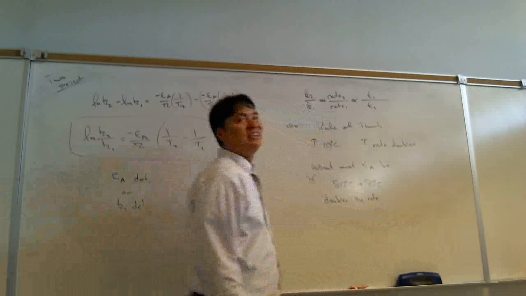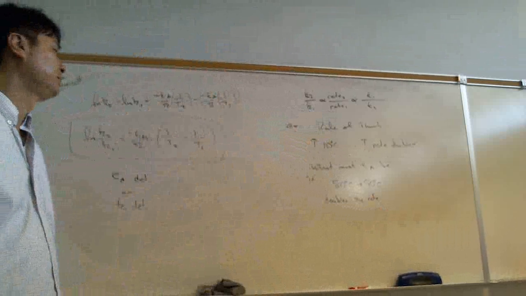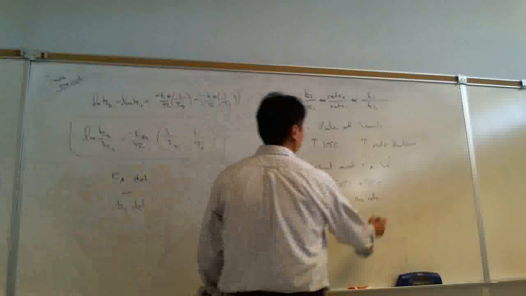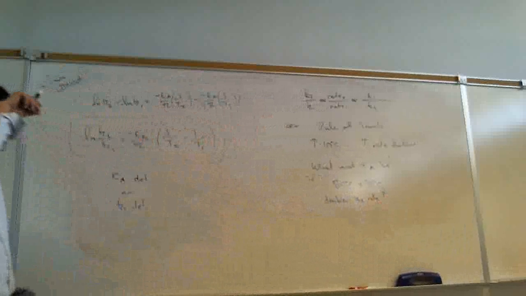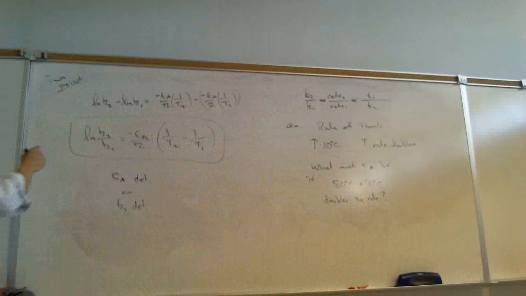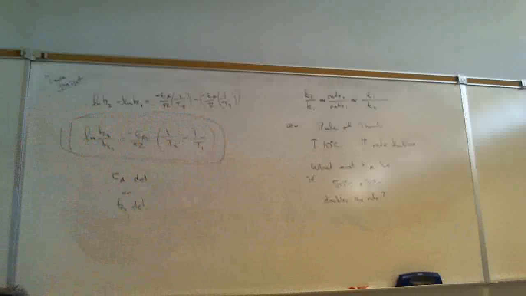So going from 80 to 90 degrees C will cut the time in half, or double the rate. And so for something like this, you would use this Arrhenius form. And why don't you calculate what you get?